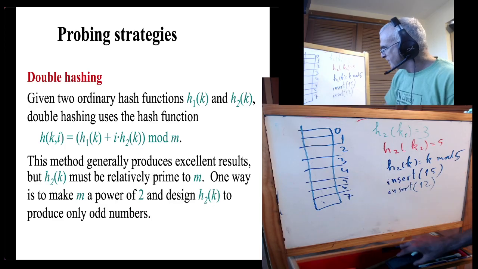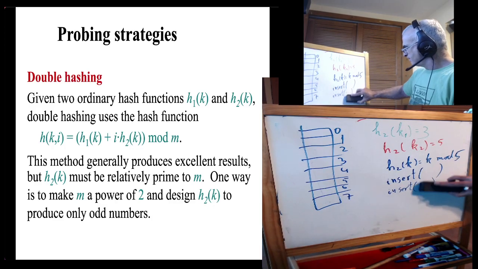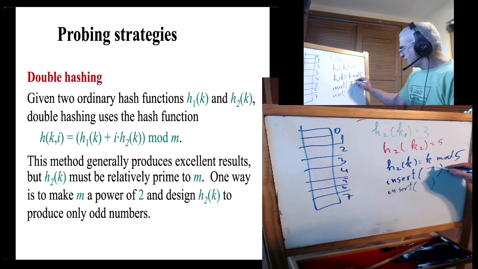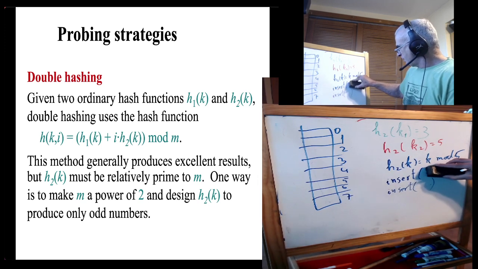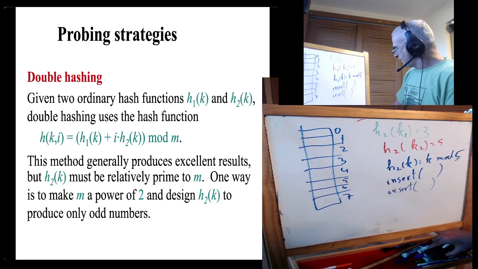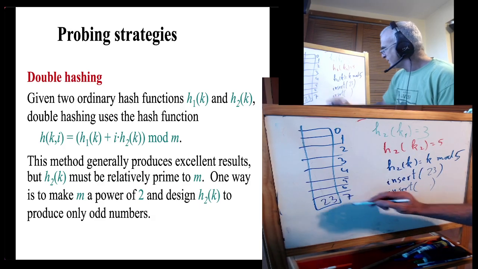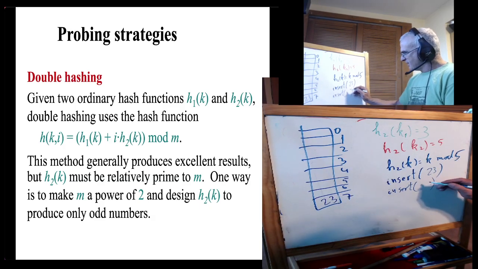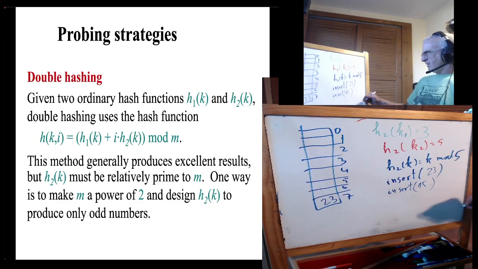Let's assume that I started with inserting 7, then inserting 23. Here goes 23, and now I want to insert 15. 23 is living right here.